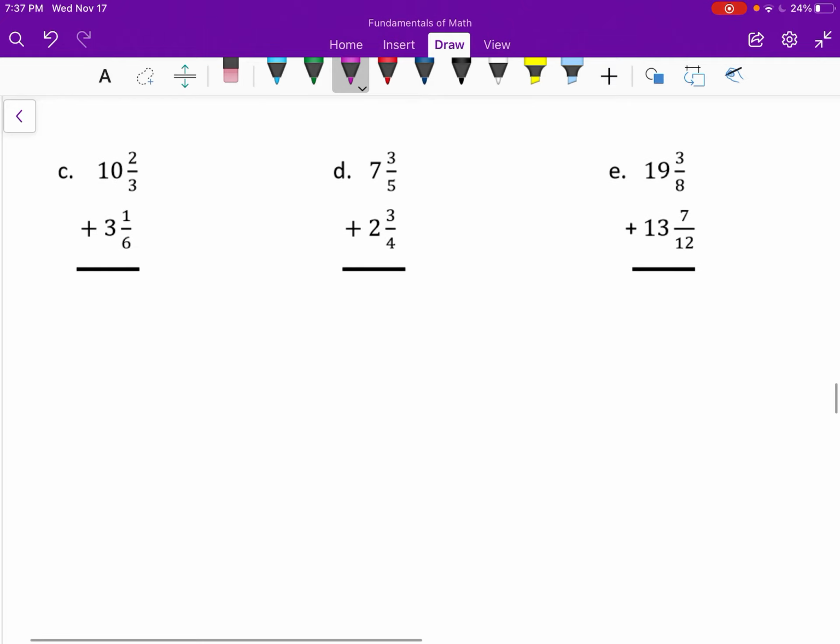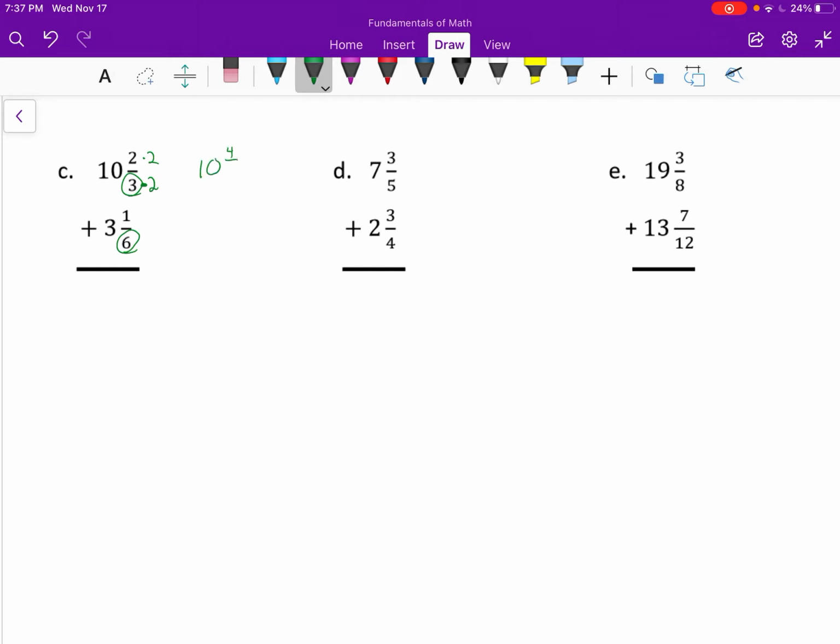Here we have 3 more. These are just written vertically. So we have 10 and 2/3 and 3 and 1/6. Well, these are not the same denominator. So we'll go ahead and get them to be the same denominator. Out of 6 and 3, the common denominator is 6, so we'll multiply this by 2. A lot of times what people would like to do is just rewrite this whole thing.